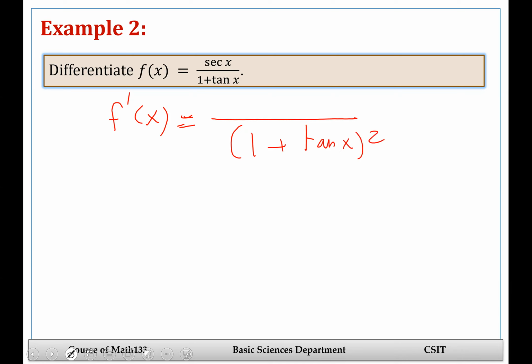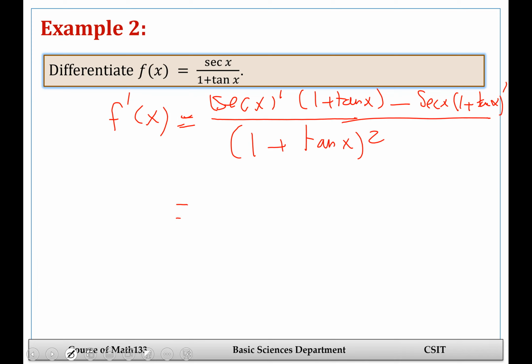And in the numerator, I will write it step by step. So it's secant x prime multiplied by 1 plus tan x minus secant x multiplied by the derivative of 1 plus tan x. Okay, so here I will replace using the table.